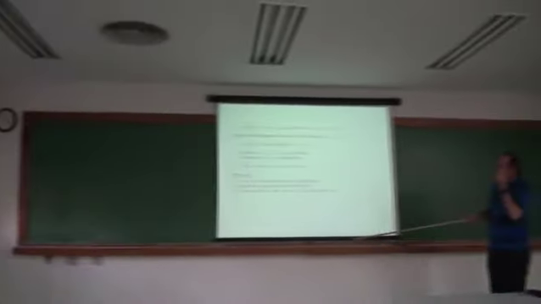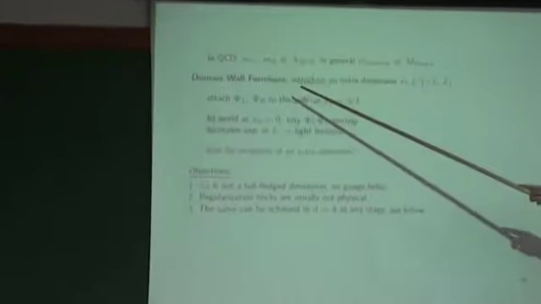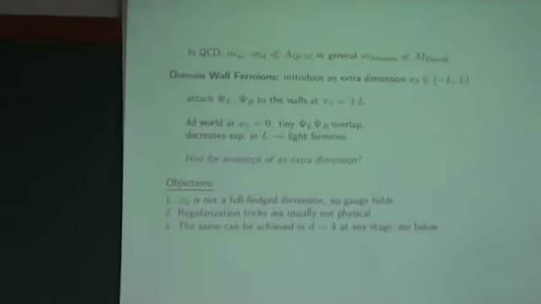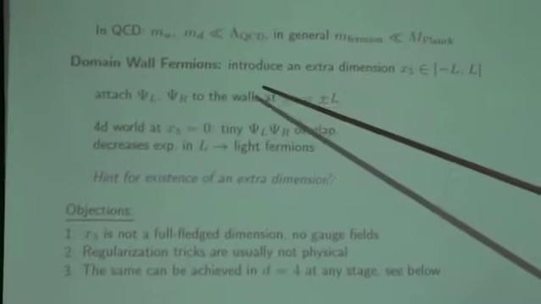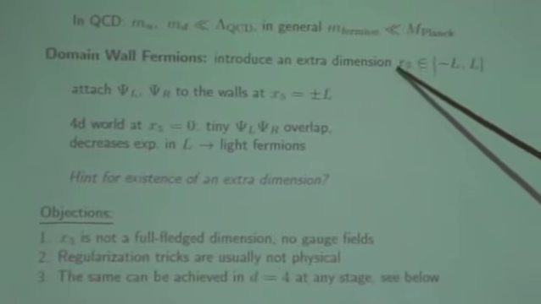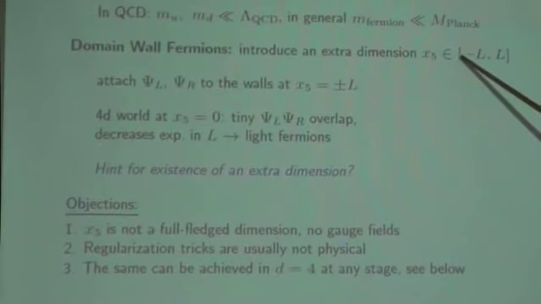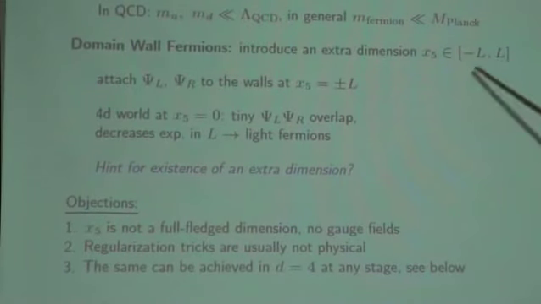So one way to do so, which we will not go through in detail, I will just sketch it schematically, is called domain wall fermions. These domain wall people, they introduce a pseudo extra dimension, let's say an x5, between two limits.